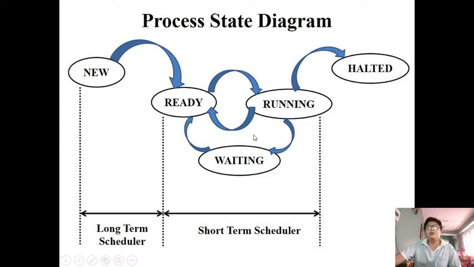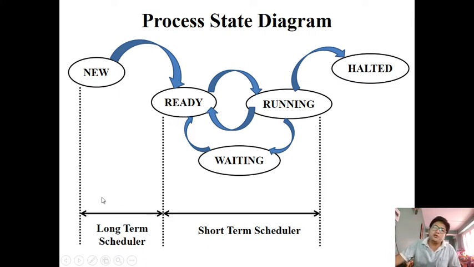However, in order to increase the maximum throughput of the system, the long-term scheduler is generally complex, because it has to maintain the proper mix of IO bound jobs and CPU bound jobs in the ready queue. So the long-term scheduler is more complex as compared to the short-term scheduler, and it is also time consuming, because it has to maintain a proportion of IO bound and CPU bound jobs in the ready queue.